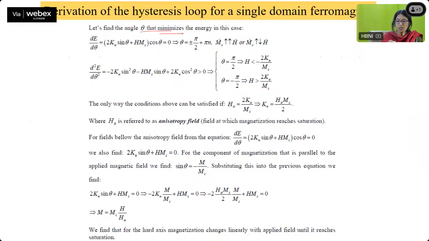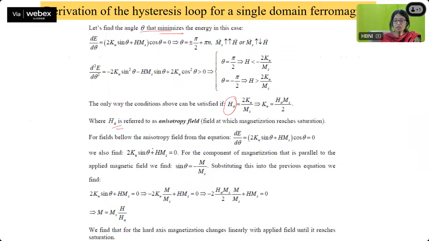If you actually do the derivation, which is shown in this slide, but later on you can work out with pen on paper, you will find that the conditions shown over here are satisfied only if this particular field is 2K_u by M_s, or K_u is equal to H_A M_s by 2. So this H_A is nothing but the anisotropy field, or the field at which the magnetization reaches saturation.